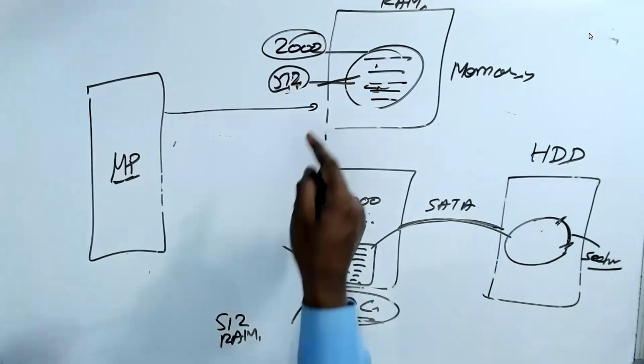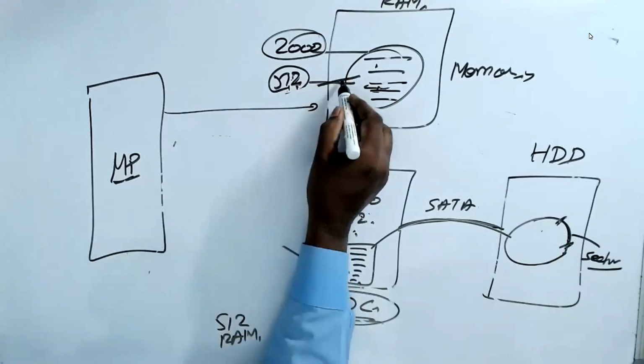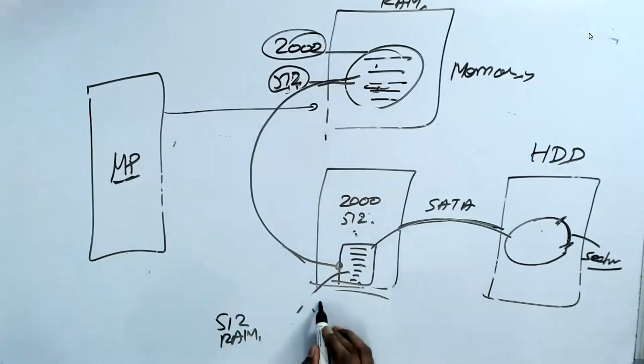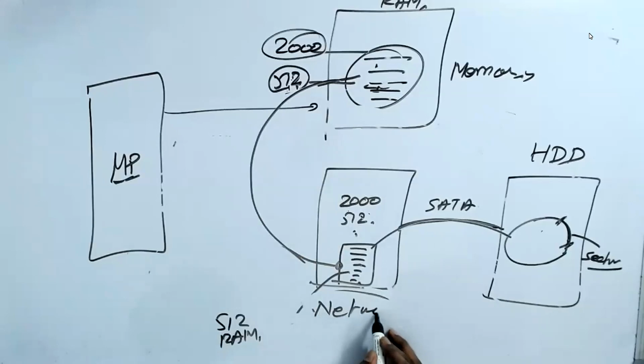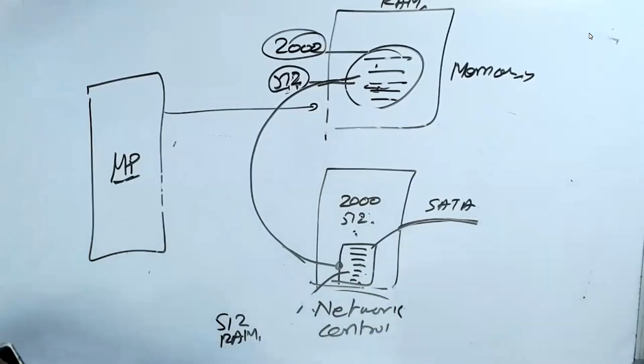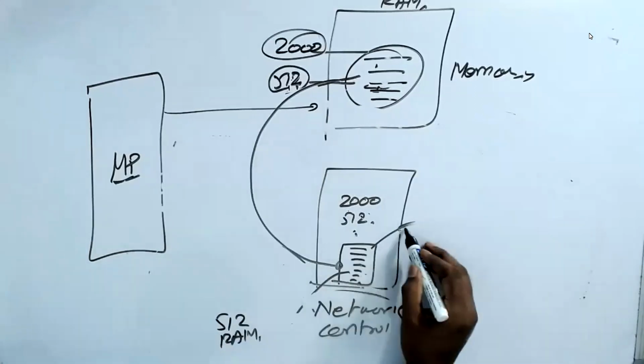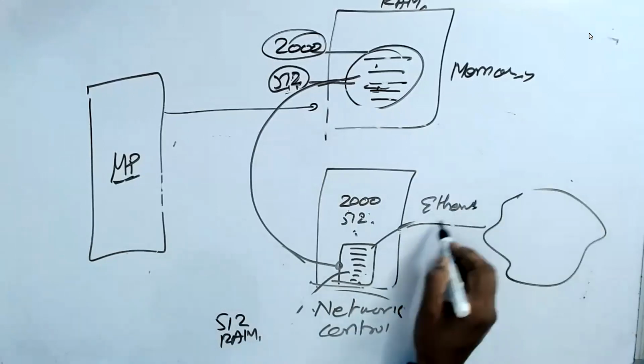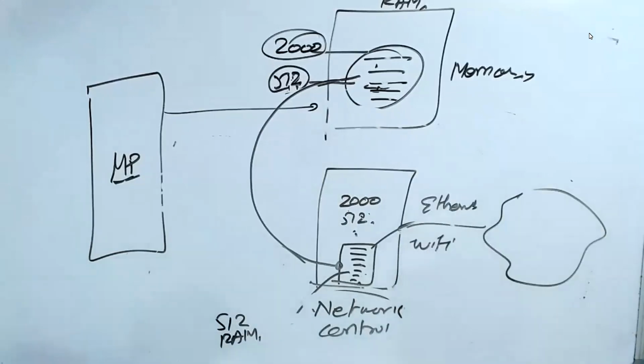So this is the transfer from your RAM to the hard disk controller. For example, forget about the hard disk controller; let us say a network controller. I want to send the data to the internet, through Ethernet or Wi-Fi or via the wire.